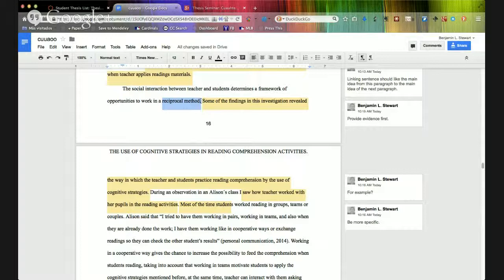Because this makes it sound like reciprocal method, como es un método, como es muy definido. No, I use it just like a strategy. Okay, well, so maybe use a different word. I mean, or reciprocal learning, or reciprocal teaching. Or, method is like a strong word. Method is a very specific way of doing things.